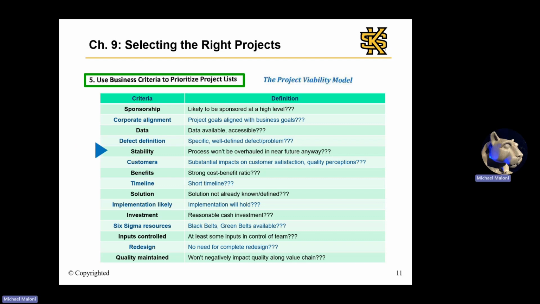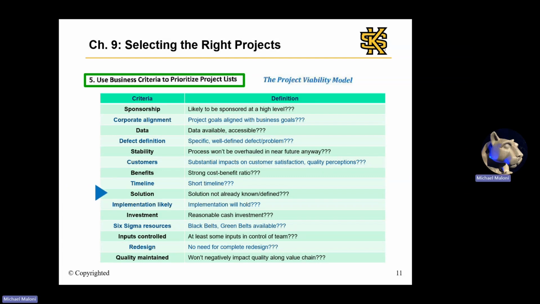Stability. Will the process be overhauled in the near future anyway? Then we also consider our customers. Do we expect substantial impacts on customer satisfaction, including quality perceptions? And then benefits. Is there a strong cost-benefit ratio? And timeline. Is the timeline reasonably short?